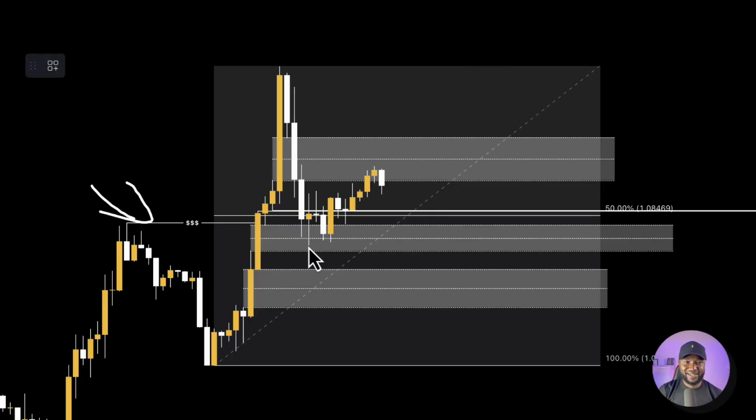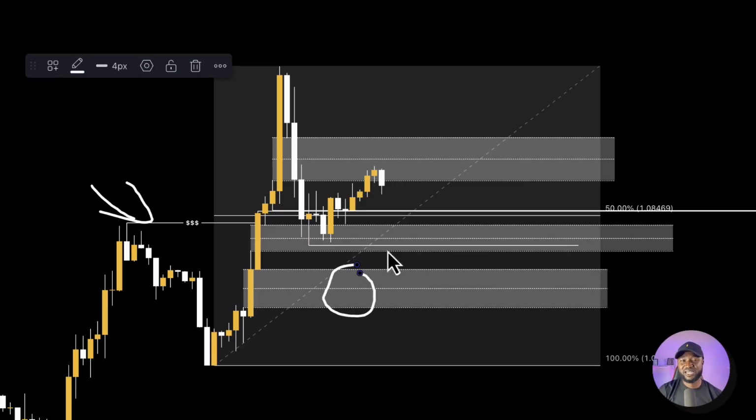Now, price left a low here, and an inefficiency. What did we say is under a low? Liquidity, money. What is inside an inefficiency? Money.